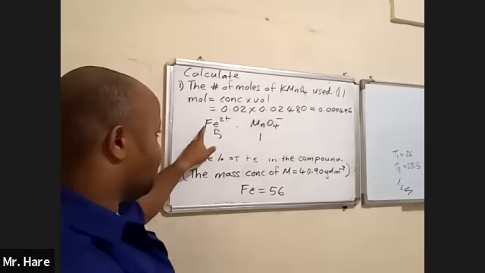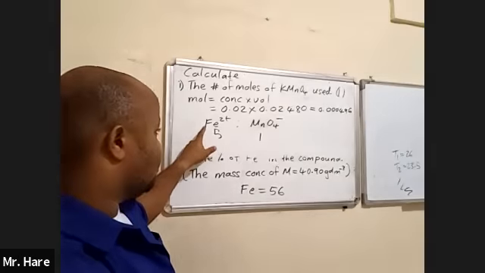We have KMnO4. So how are we going to get the moles of iron? Multiply by 5, sir.